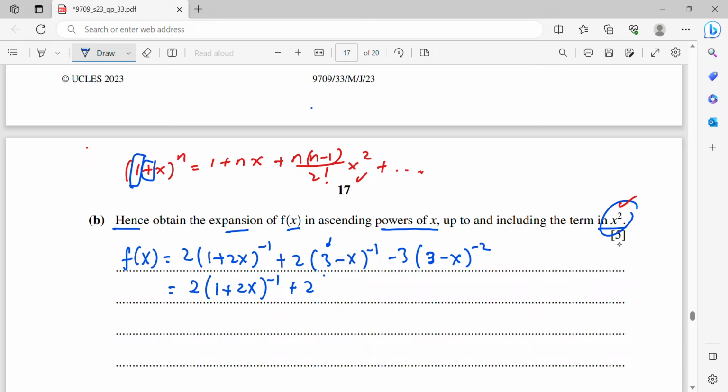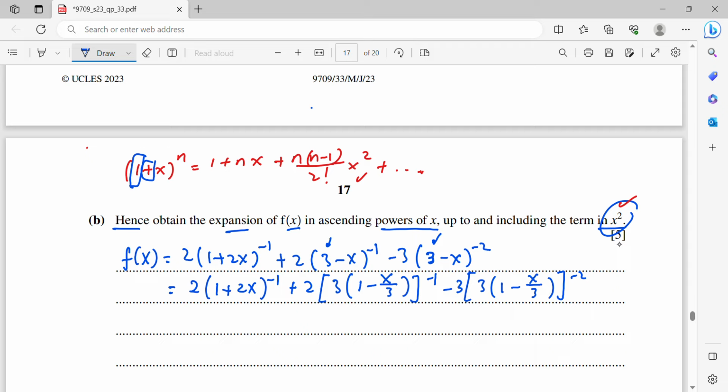So I will write 2 bracket 3 bracket. So when you factorize 3 from 3, it is 1. Factorize 3 from minus x, you will get negative x over 3. Power negative 1. Then again, for this 3, factorize a 3. You will get 1 minus x over 3. Then everything power negative 2.